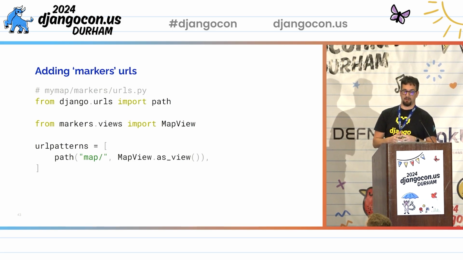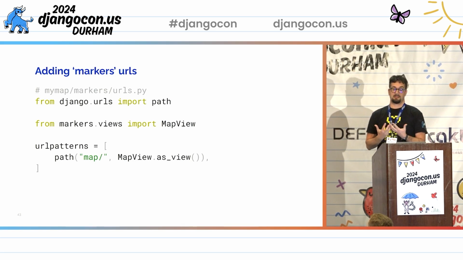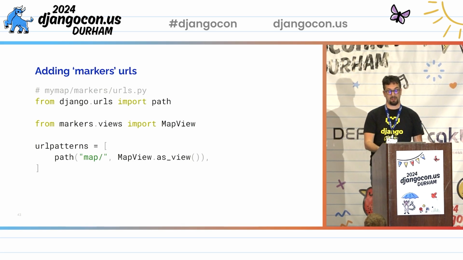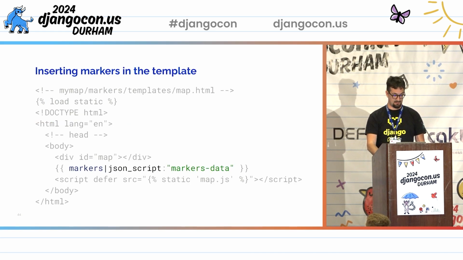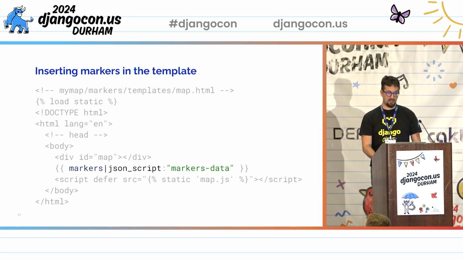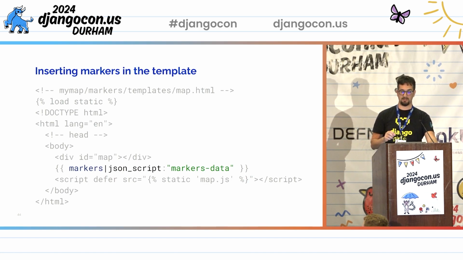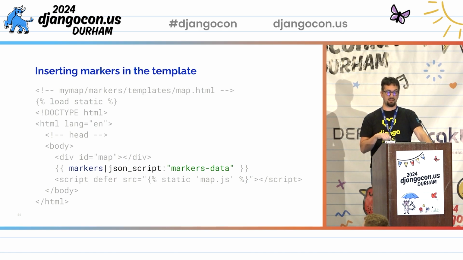Now in the marker URL file, we must assign the map path to the newly created map view, and we can add the JSON data in a secure way in our map page using the JSON script template tag in this way.